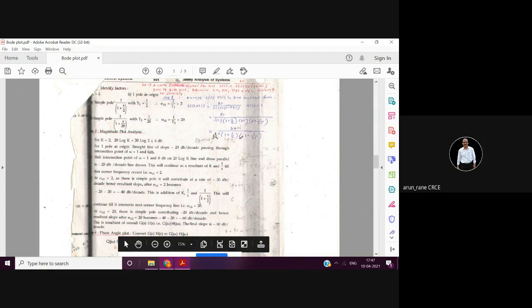So first changeover, like you have a constant, then 1 upon s graph, that is minus 20 decibel per decade, continue and it will change at omega is equal to 2. Then there is an effect. The second changeover will be again at omega is equal to 1 upon T, that is nothing but omega is equal to 1 upon 1 by 20. So that will be 20, isn't it? So the second changeover will happen at 20. So this you understood, correct? Good.